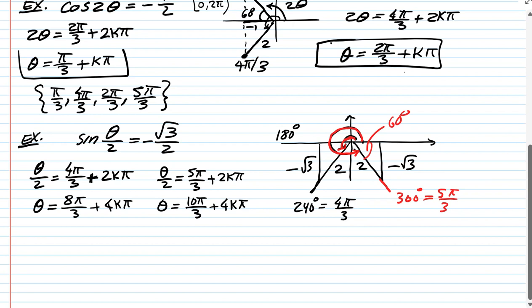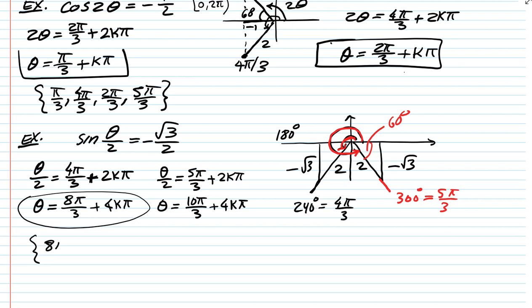Good. Now we can generate the solutions, starting with this one. When k is 0, we get 8 pi over 3. And then when k is 1, we add 4 pi to that.